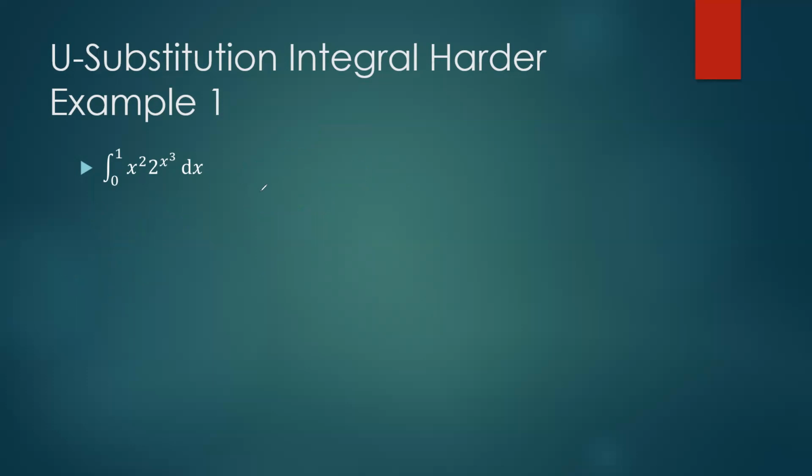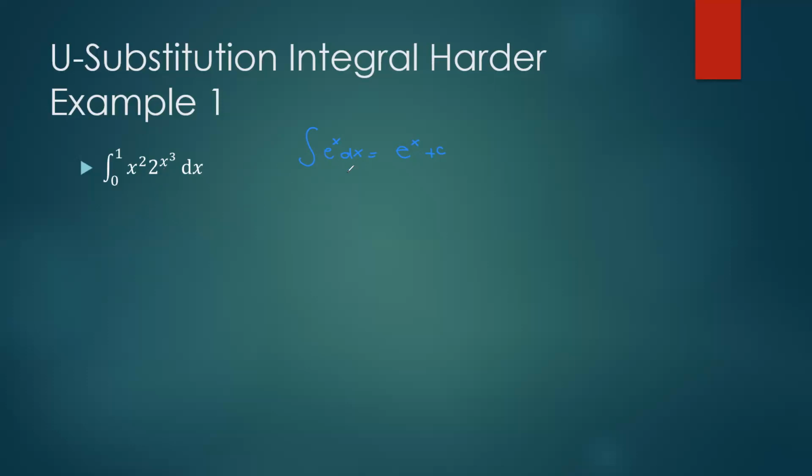So like we said before, we know that the integral of e to the x dx equals e to the x plus c, right? So how can I rewrite 2 as something with the base e?